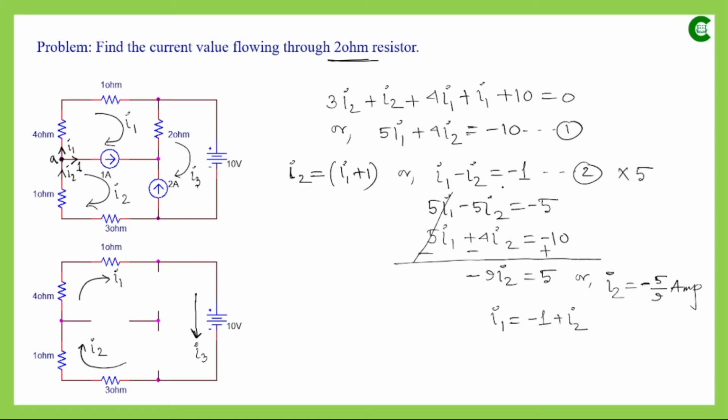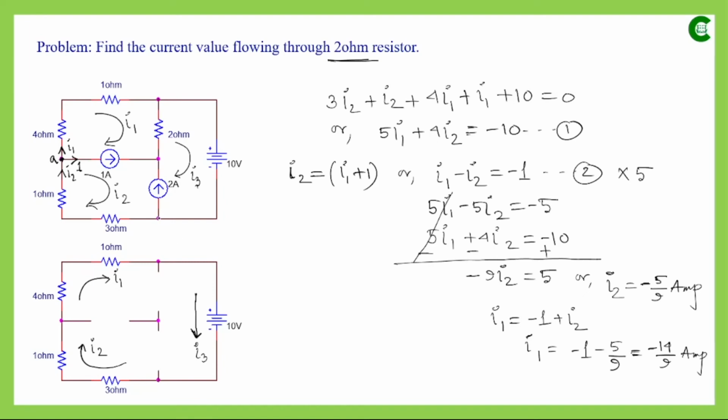So I1 will be minus 1 minus 5 by 9, which is minus 14 by 9 ampere. So I1 and I2 we have already obtained. The only thing left is the value of I3, which can be found easily by applying KCL at another node.